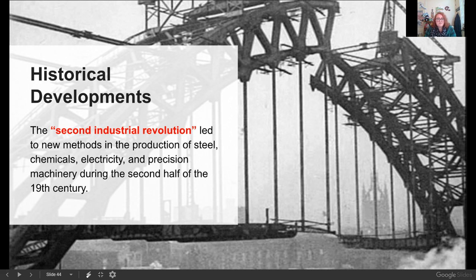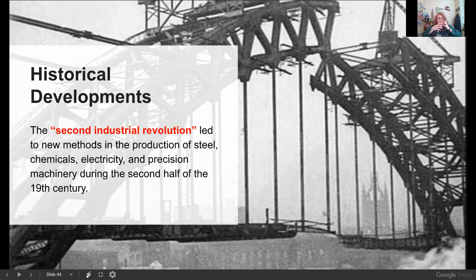As a result of all of this, and this yearning for new, bigger and better, there was a second industrial revolution that came with it. This led to new methods to produce steel and chemicals and electricity. And this happened in the second half of the 19th century.